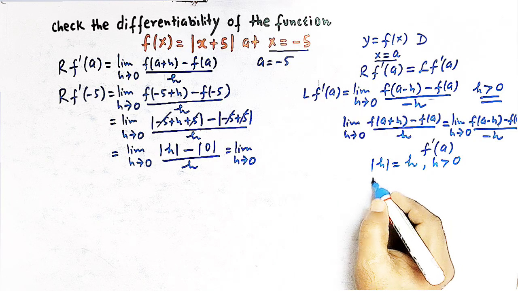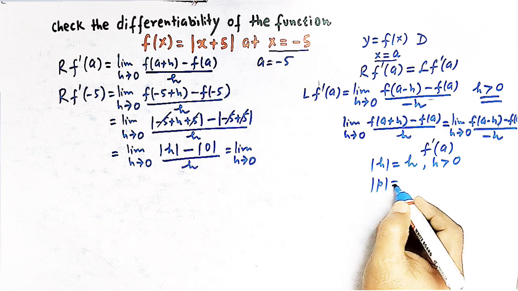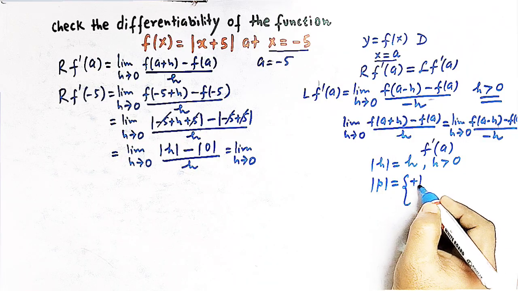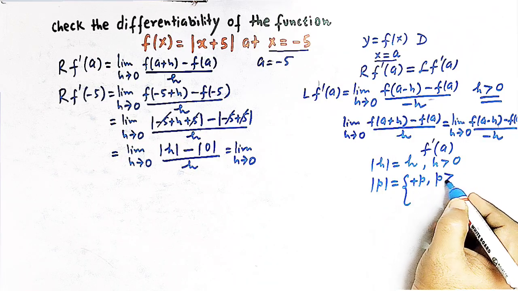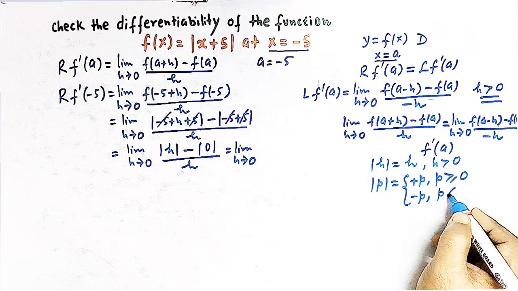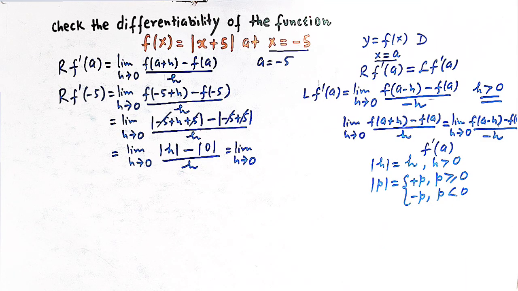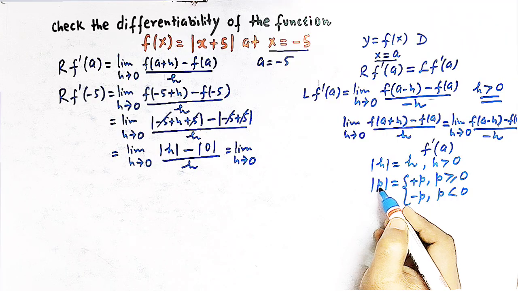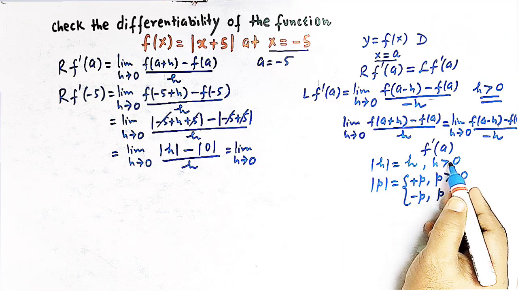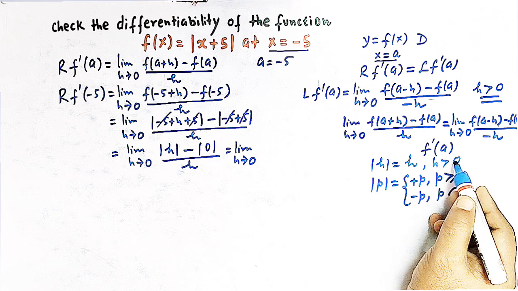We know the definition of the mod function: mod of p is defined as positive p when p is greater than or equal to 0, and negative p when p is less than 0. So here if we take p equal to h, then h is greater than 0, it is positive.